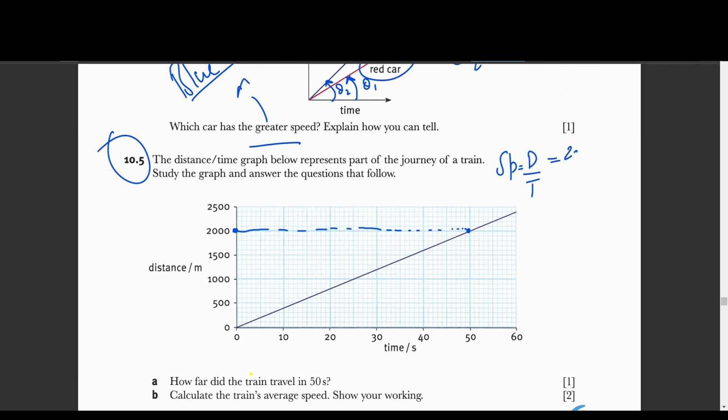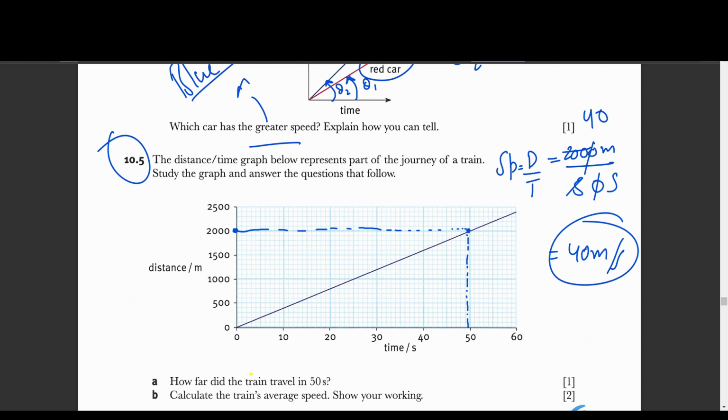Okay, so distance is 2000 meters. In order to find the time, you drop a perpendicular on the time axis, which is the x-axis. It cuts it at 50 seconds. This 0 and this 0 goes. 5 1 are 5, 5 4 are 20. So speed would be 40 meter per second.